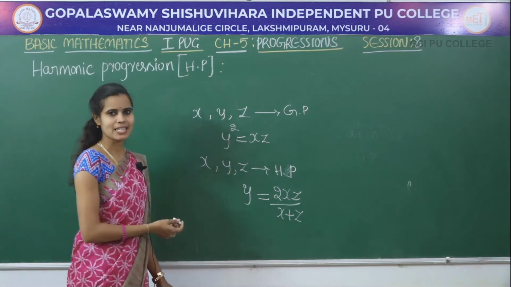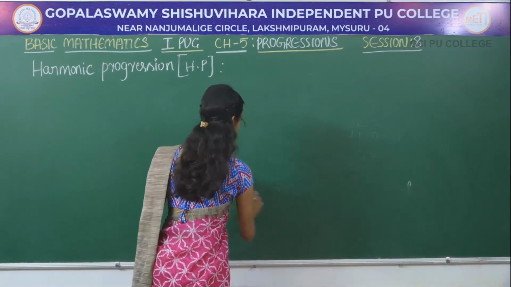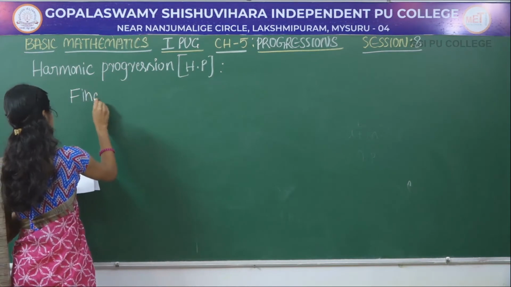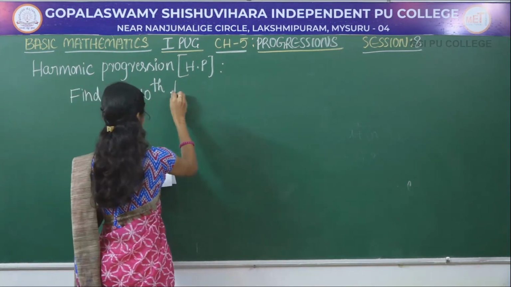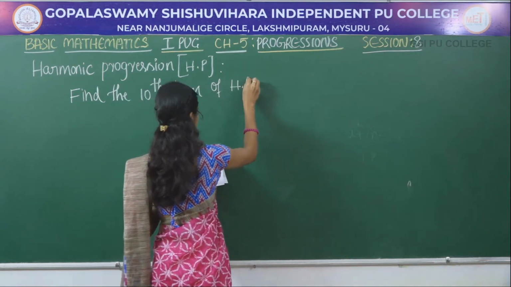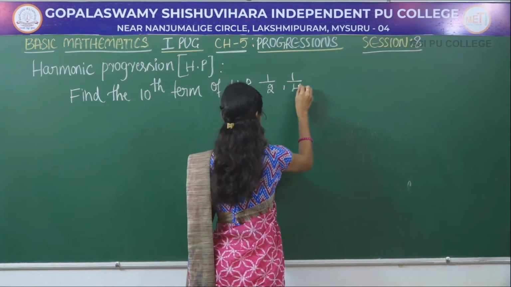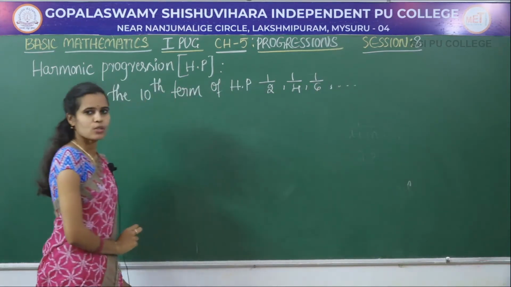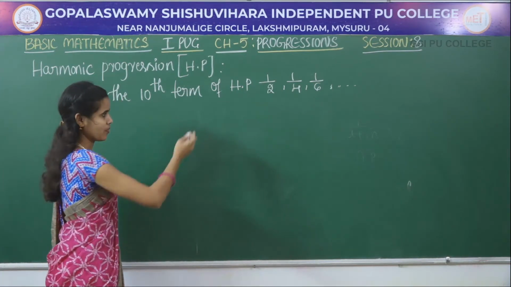Okay. So now let us discuss some problems. First problem. Find the 10th term of the HP 1 by 2, 1 by 4, 1 by 6, etc. First convert this sequence by taking the reciprocal of the terms.